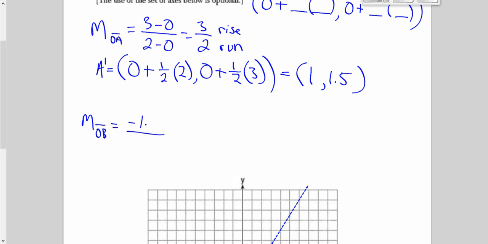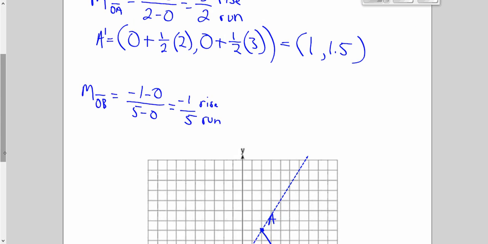Negative 1 minus 0 over 5 minus 0, which simplifies to negative 1 over 5. So this is its original rise and original run. It was 0 plus 5 to get to B, and 0 minus 1, but now it's going to be half of those, isn't it?